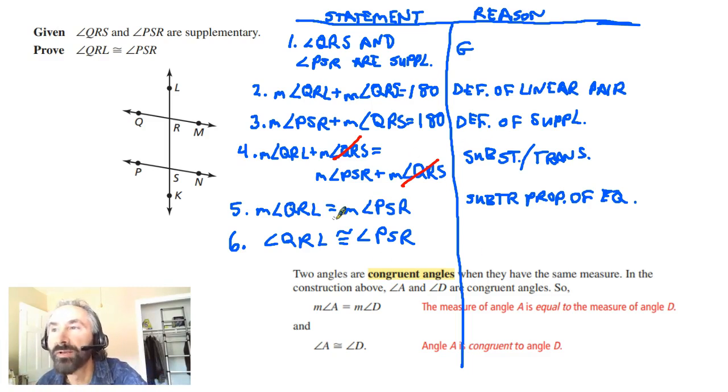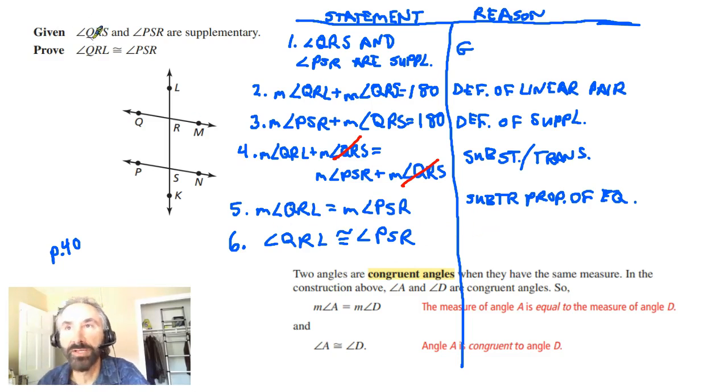In this case, I found on page 40 of the textbook, and maybe you might want to write that down, the definition of congruent angles. It says two angles are congruent when they have the same measure. Again, that's page 40 in the textbook. I'm just going to write it over here. Maybe you might want to add that to your notes. Definition of congruent angles.